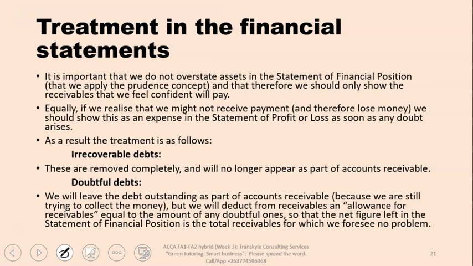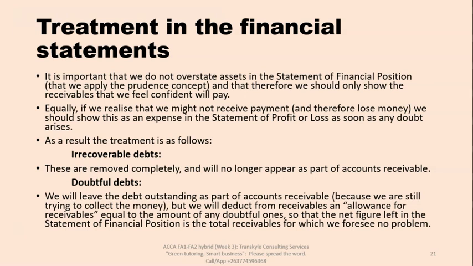Okay, treatment in the financial statements. It is important that we do not overstate assets in the statement of financial position, that we apply prudence, and that we therefore only show the receivables that we feel confident will pay. Equally, if we realize that we might not receive payment and therefore lose money, we should show this as an expense in the statement of profit or loss as soon as any doubt arises. As a result, the treatment is as follows.